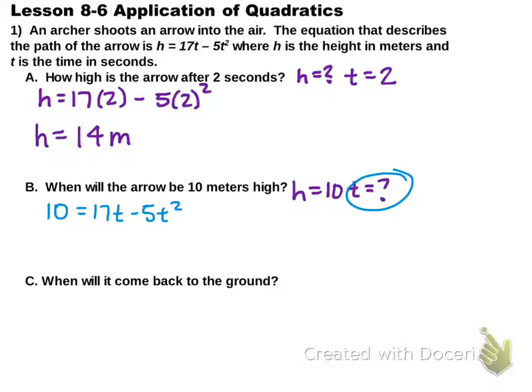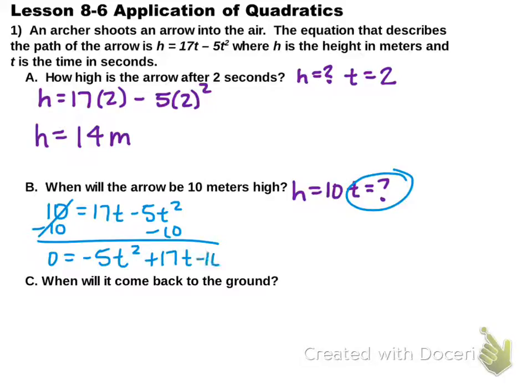I'm solving for t. Should look familiar now in that I'm going to get 0 on one side, so I'm going to rewrite mine in standard form. I don't think there are factors of 50 that can give me 17, so I'll have to do this through the quadratic formula.